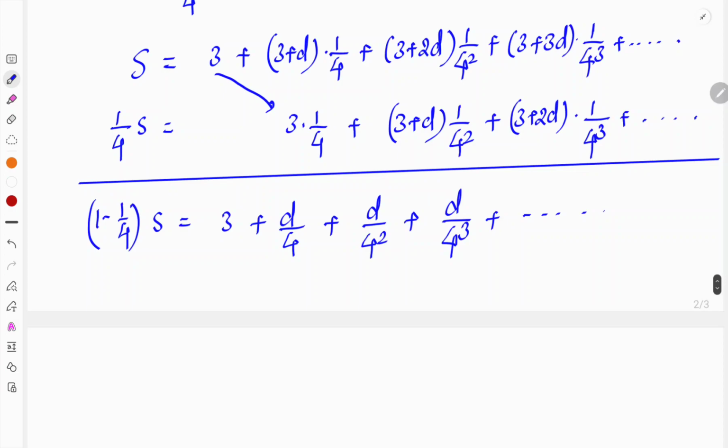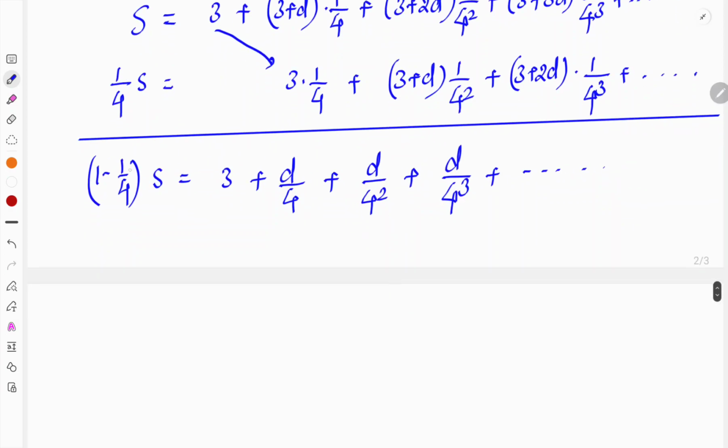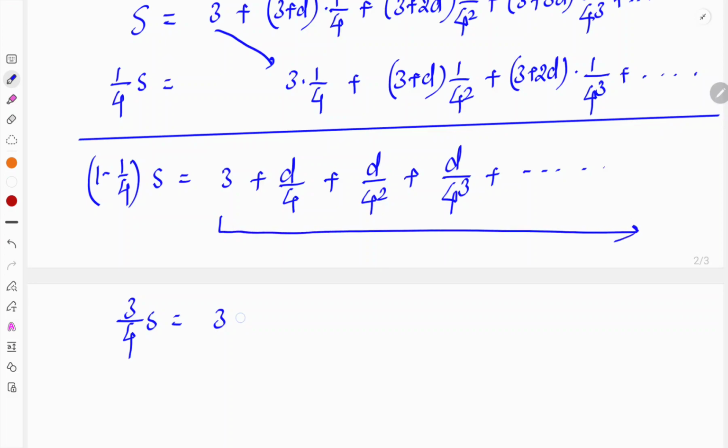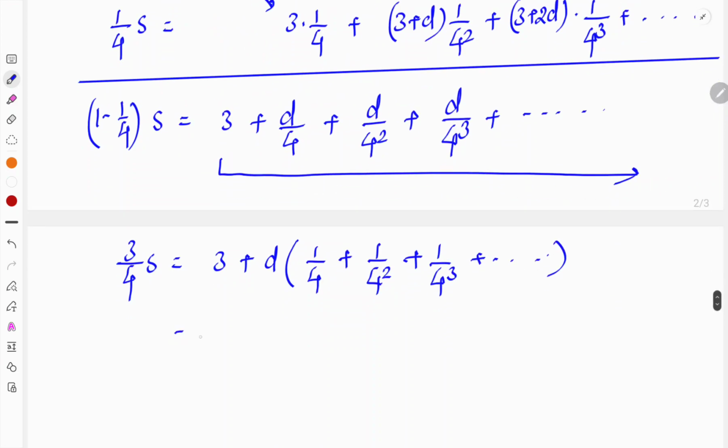It is 4 into 1 minus 1, meaning 3 by 4 S, is equal to, here 3 is not contributing to making the infinite GP. So 3 will stay outside, d we can take common, 1 by 4 plus 1 by 4 square plus 1 by 4 cube plus dot dot dot. Okay, so it is 3 plus d outside, first term is 1 by 4, common ratio 1 by 4.